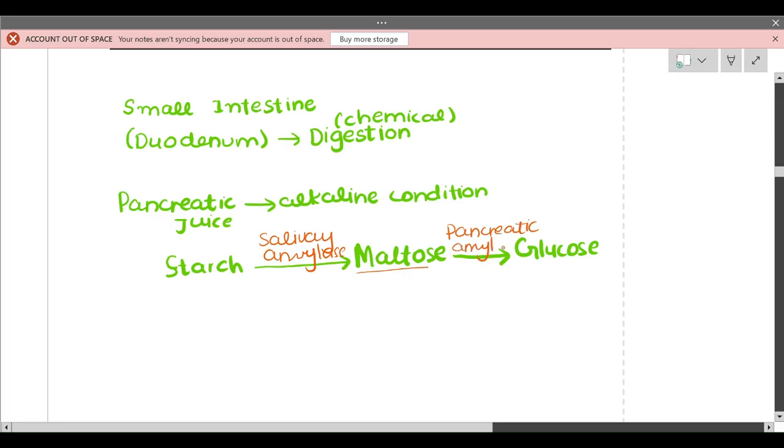So it means we can say the digestion of starch started in your mouth and ends in the small intestine, duodenum. Is this clear? Yeah.